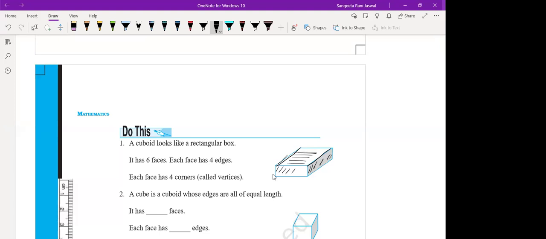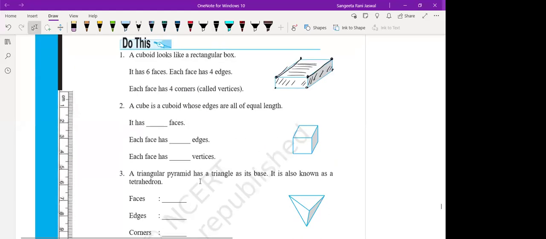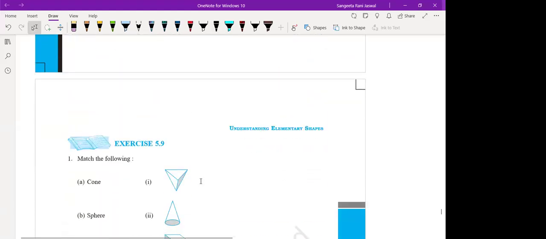So you have 6 faces and 12 edges, and how many vertices? These corners, these points, are the vertices. So 4 on the top side and 4 on the bottom side. So this was just a quick recap of these.